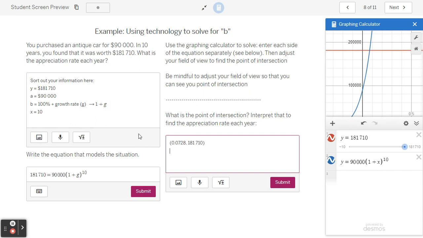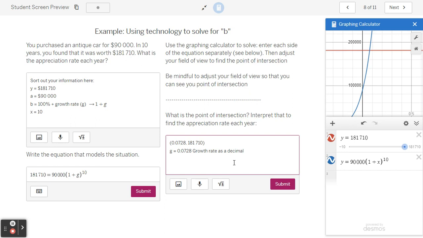So the x value, or in this case, the g value, the growth rate as a decimal is 0.0728. Now, for us to convert this back into a percent, we're going to multiply it by 100, and we get 7.28%.